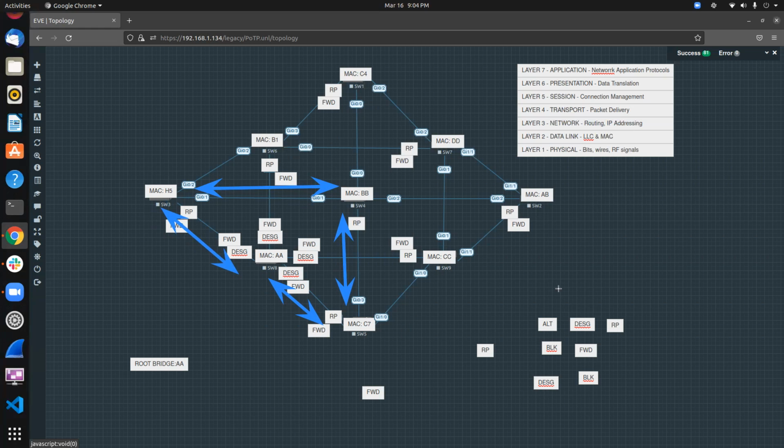With this triangle, who's going to be the designated switch?